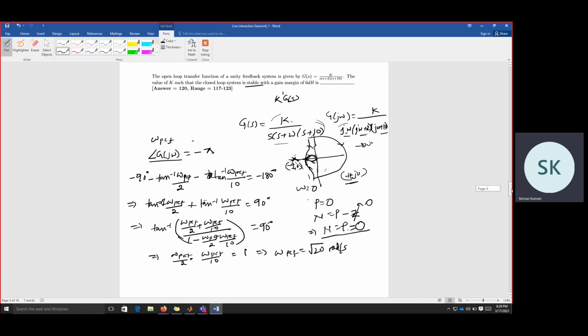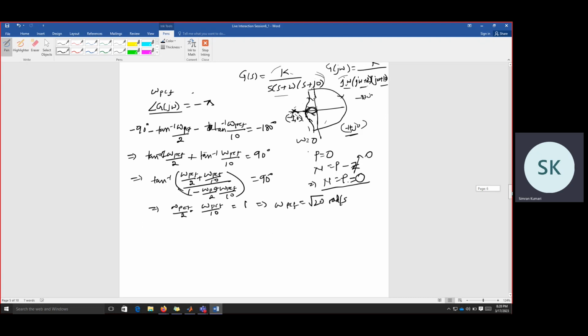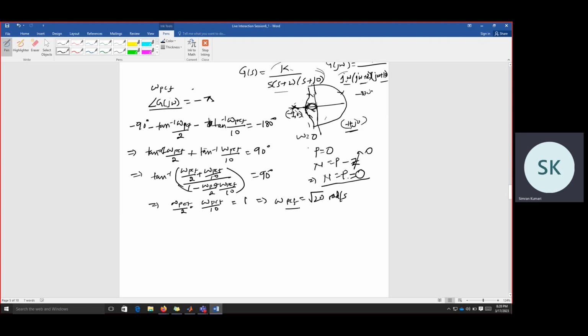So we know the phase crossover frequency. Now at this phase crossover frequency, what is the magnitude of G(j omega)? It is such that the gain margin is 6 dB. Gain margin is 20 log of the modulus of 1 by G(j omega).